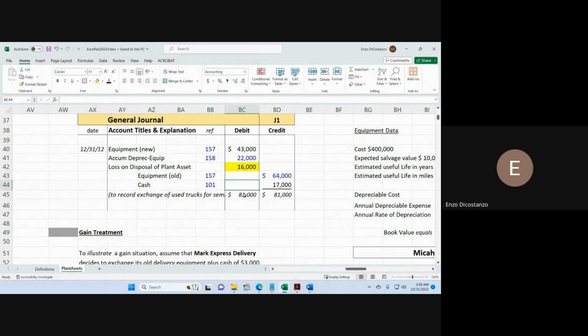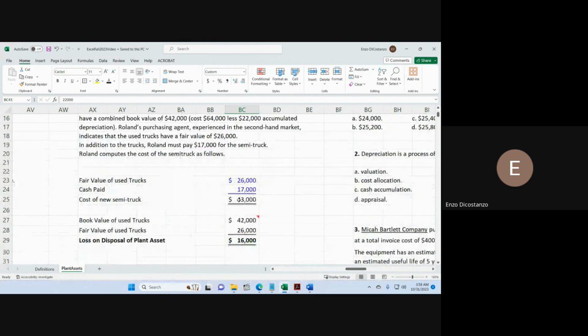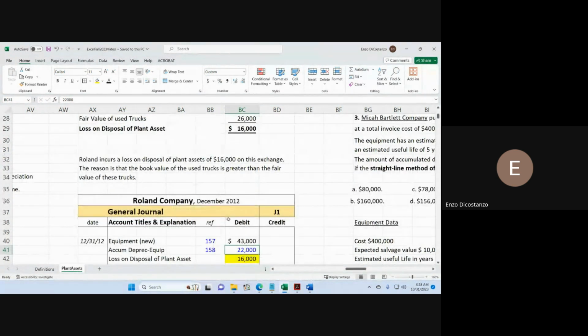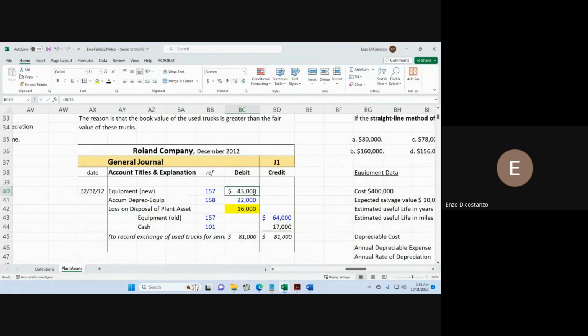Those are coming off Roland's books. So there's old equipment that gets written off at 64. The accumulated depreciation associated with that 64 also gets written off. That's right here. You're using an asset that's worth 26,000 and then 17,000 cash. That's at 43. This is the 26 plus the 17, is 43. So that's basically all cash is what that is.